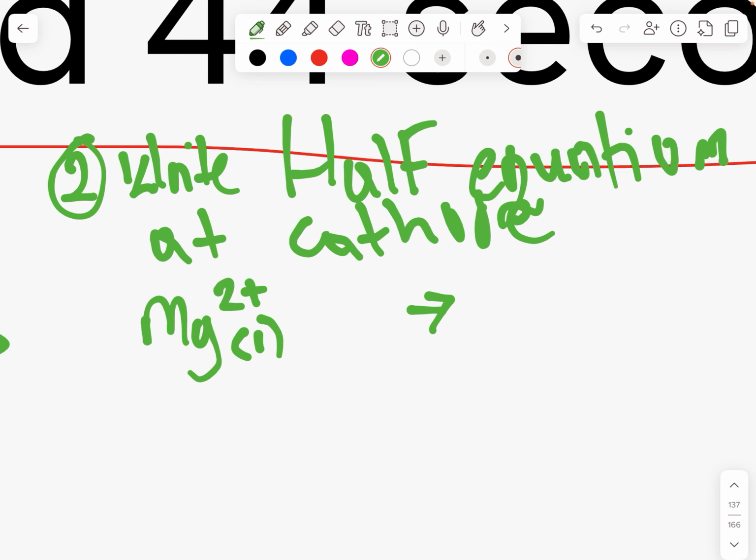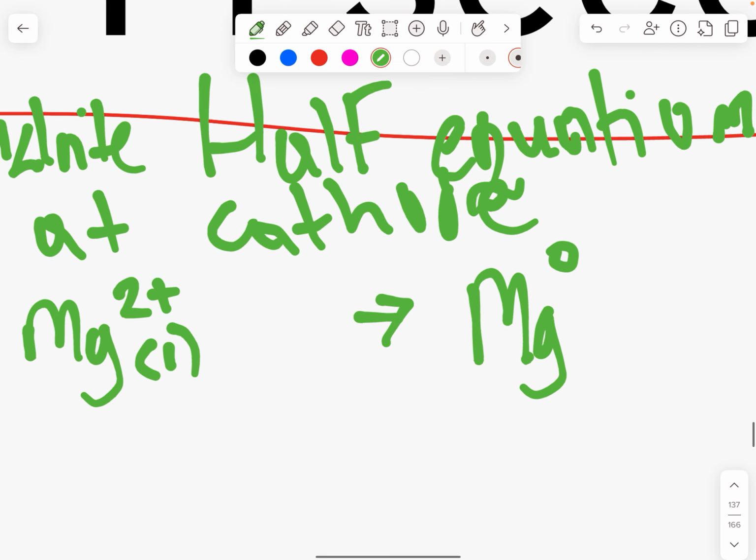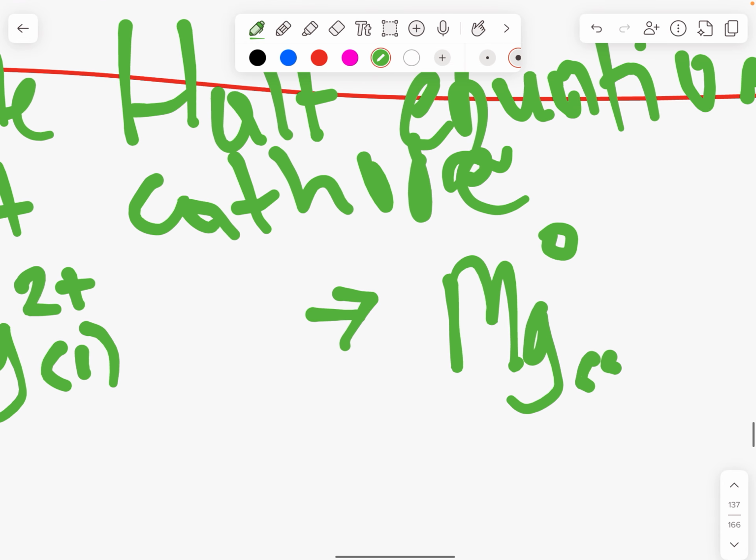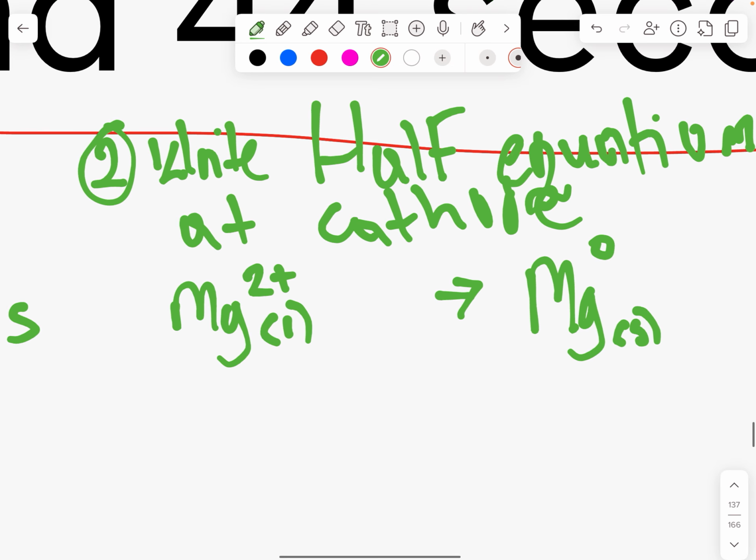The ions become neutral. They take their elemental state, and in the elemental state, magnesium is a solid. So that's what we have so far. We start off with our magnesium 2+ ion, and we end up with our neutral magnesium.